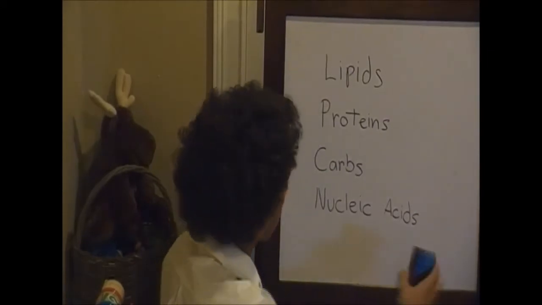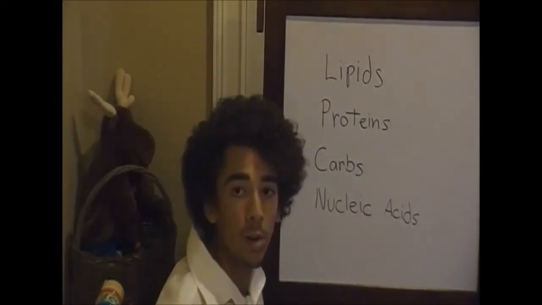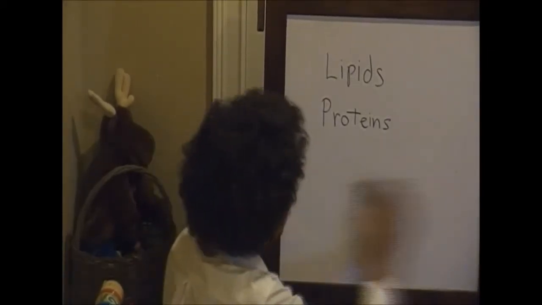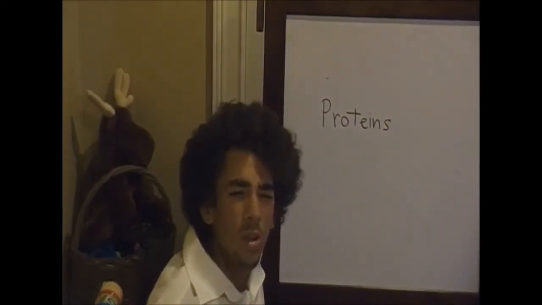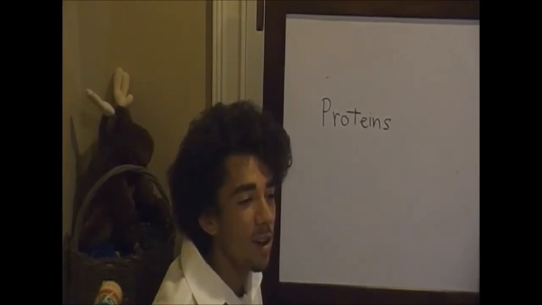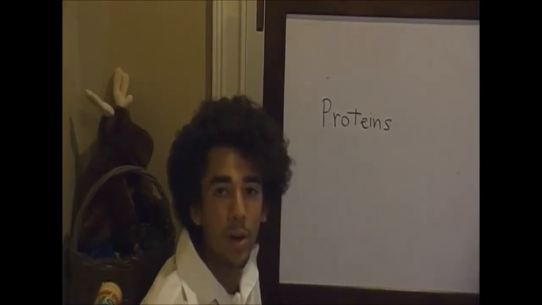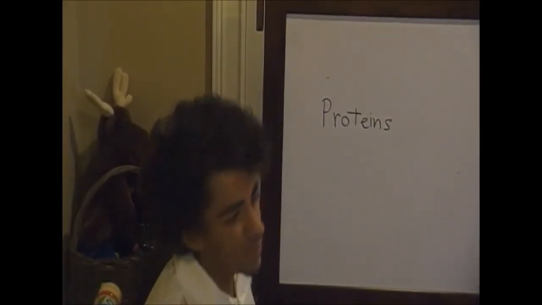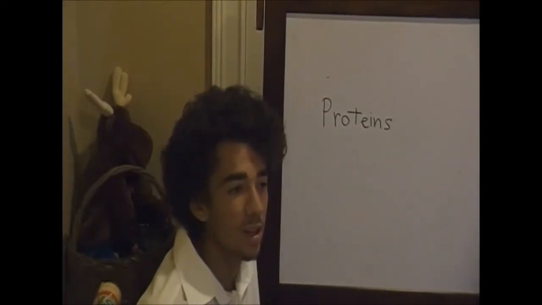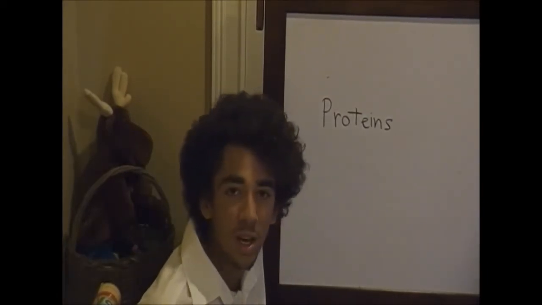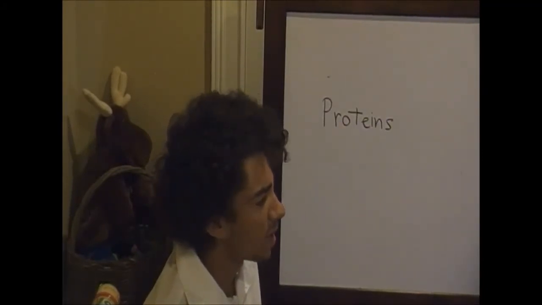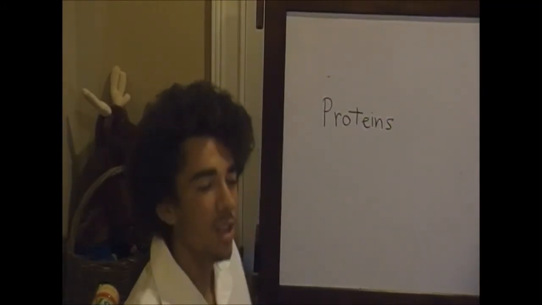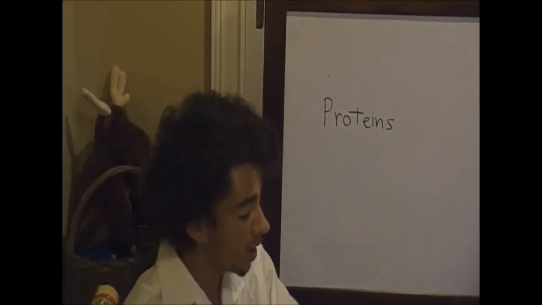Now, of the 4 major groups of organic compounds, proteins are one of the most important. When you think of proteins, you might not have a mental image of what they are, but you know, for a pretty basic idea, that you find them in meats when you think of the food groups, and that's a good starter for what they are.